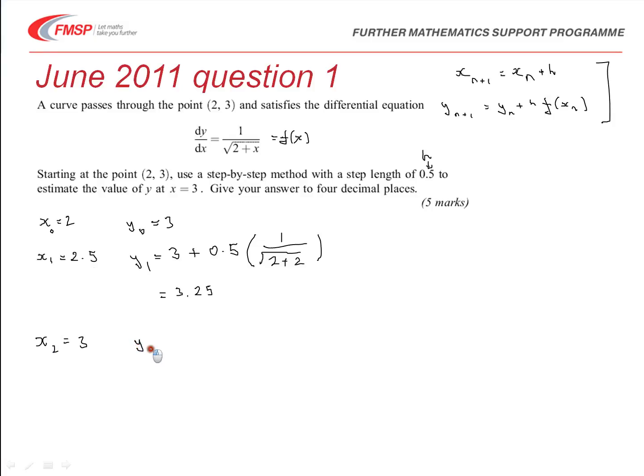And then to calculate our new y value, we take our old y value, which is 3.25, and we add on 0.5, which is our step h, and then we calculate our gradient function at our new value of x, which is 2.5, so we multiply this by 1 over the square root of 2 plus 2.5.